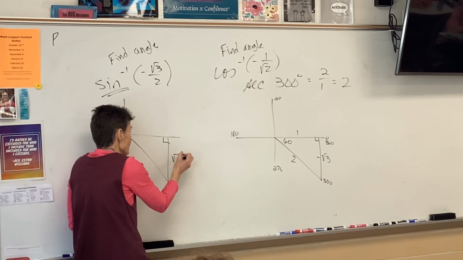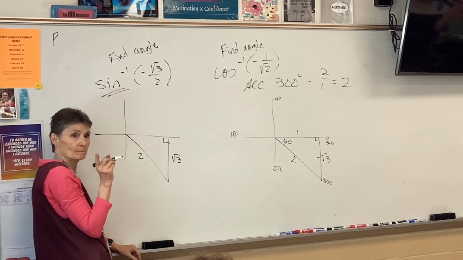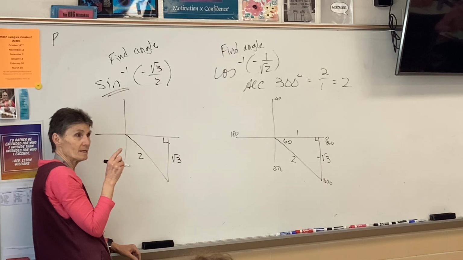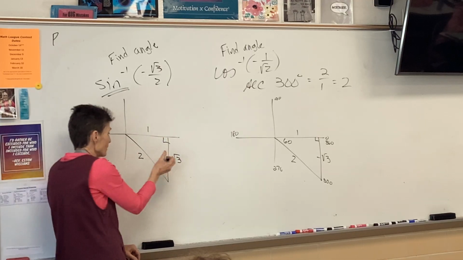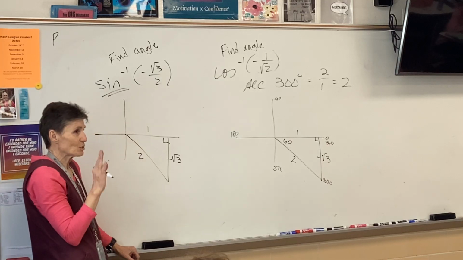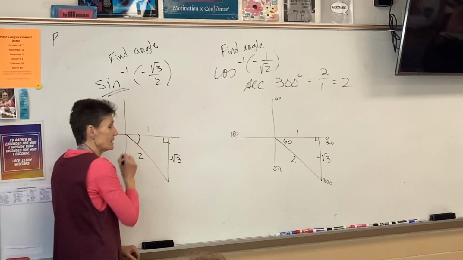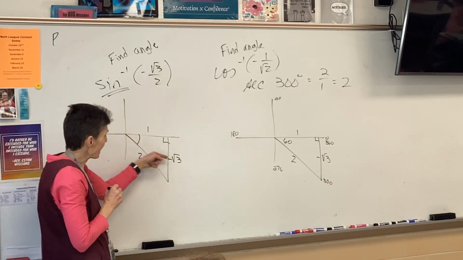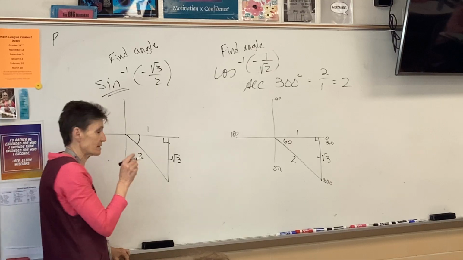So would this be root 3 and this be 2? You okay with that, guys? And that would make this a 1. Actually, this is negative root 3. But remember, my job is to find the angle. So tell me about this angle right here. How big is that when it's across from the root 3? 60.